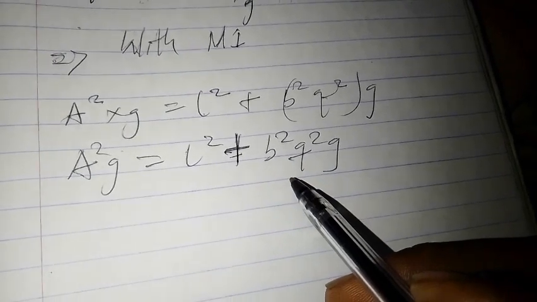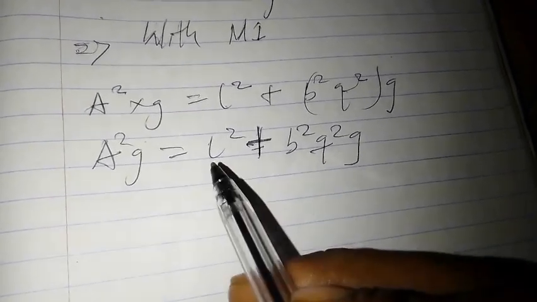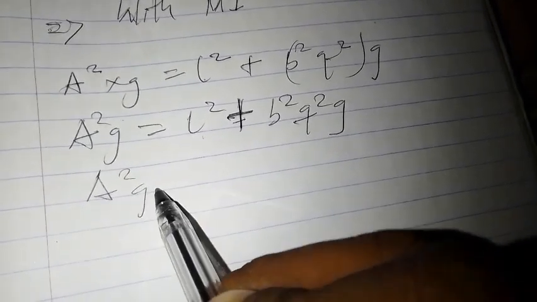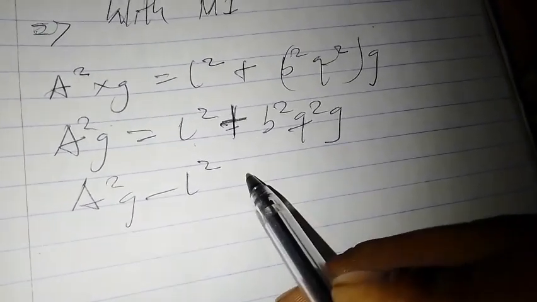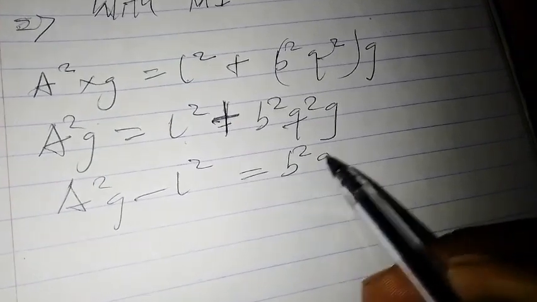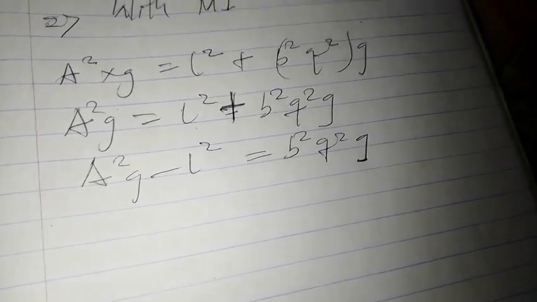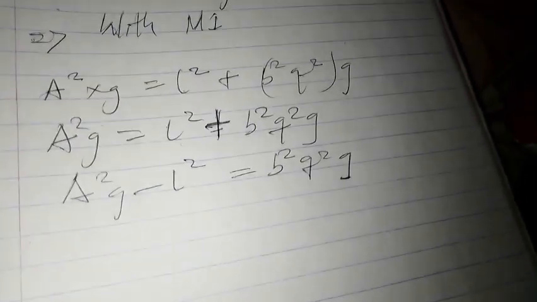So we're still making Q the subject, so L has to go this way. So A squared G minus L squared is equal to B squared Q squared G. So what are we going to do again?